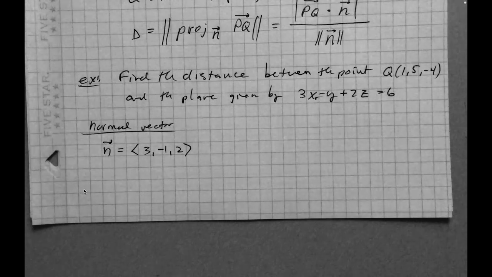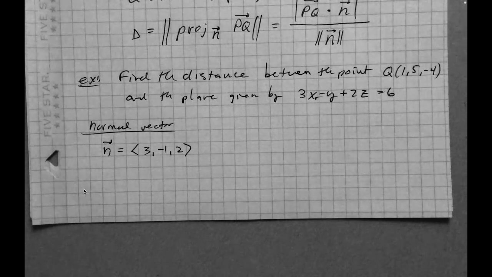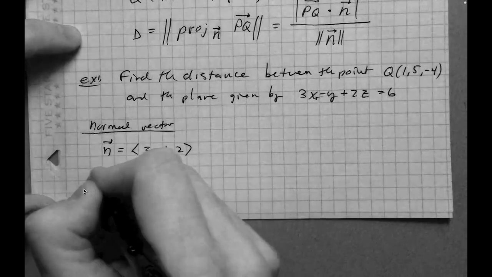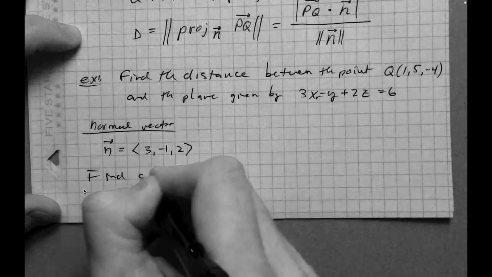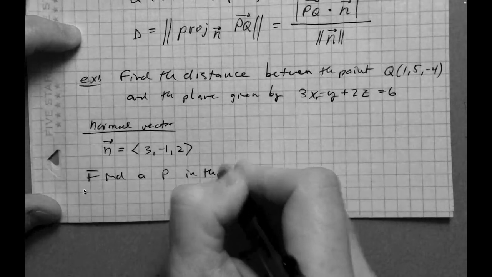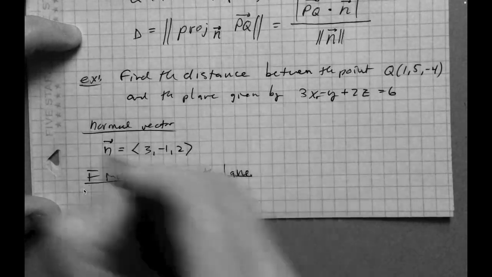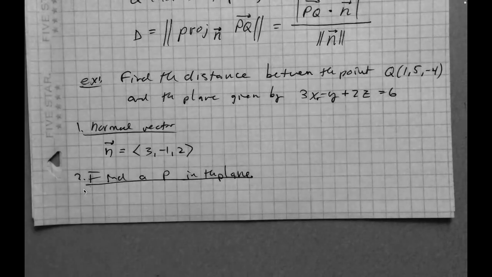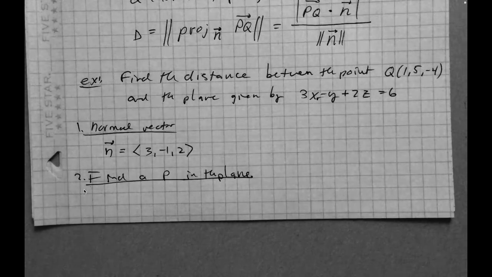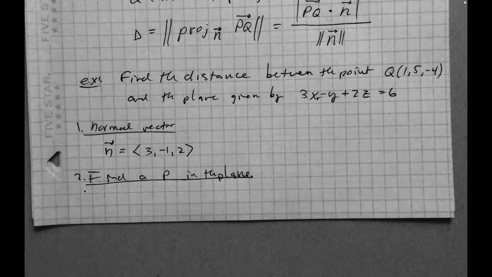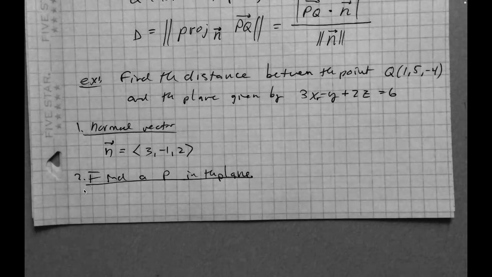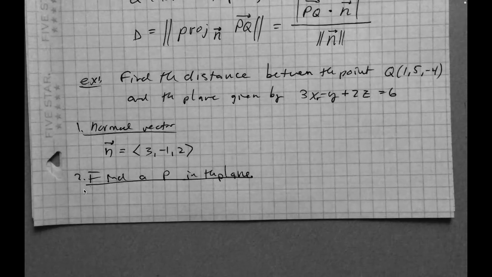Next, let's go find an arbitrary point P in the plane. So item 1 is to find the normal vector. Item 2 is to find a P in the plane. Now, there's lots of ways to do that. You could just take the equation and set 2 of the variables equal to 0. That'll give you a point in the plane, right?